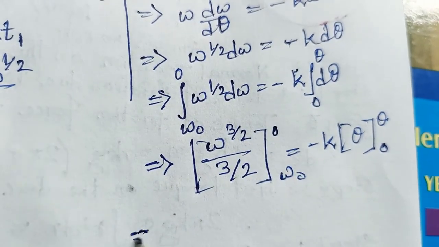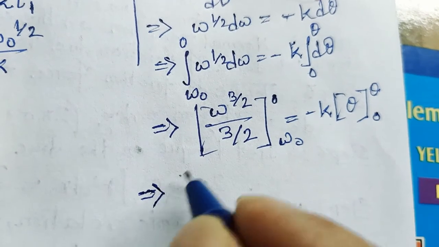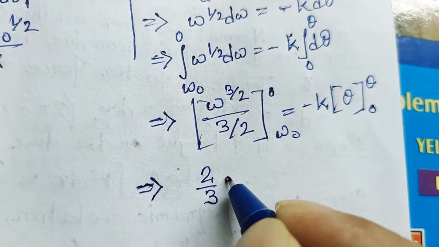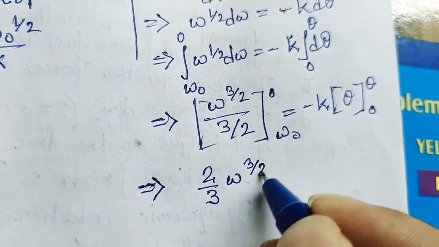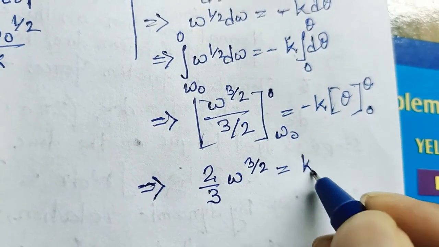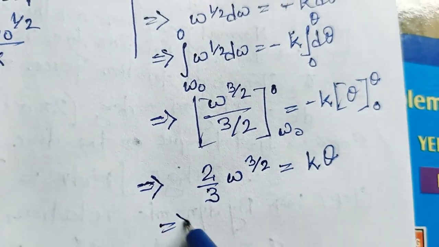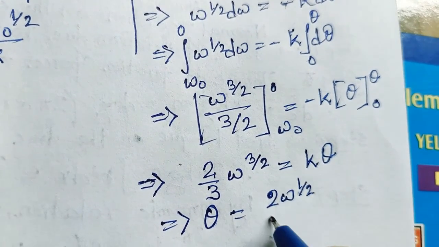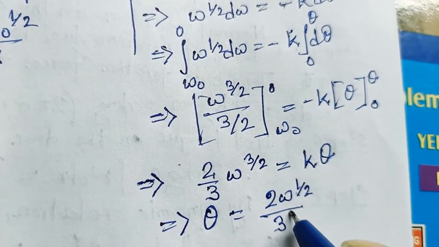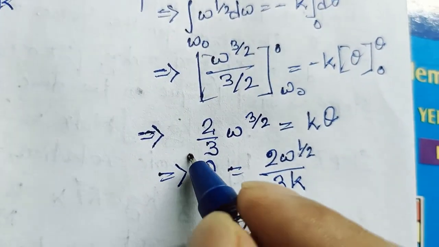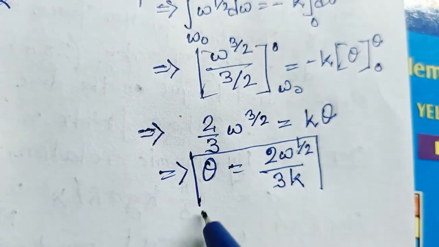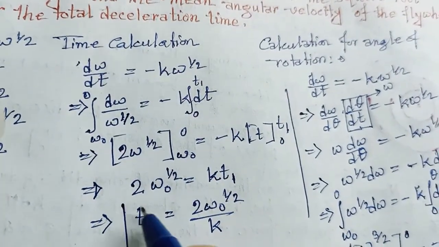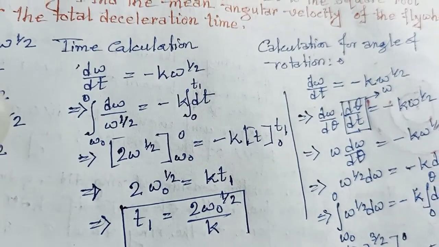So our value of this integration will be 2 divided by 3 omega naught to the power 3 by 2 is equal to k theta. So our value of theta will be 2 omega naught to the power 3 by 2 divided by 3k. This is our calculated value for the angle rotated, and from the earlier equation this is the value for the time taken to come to rest.